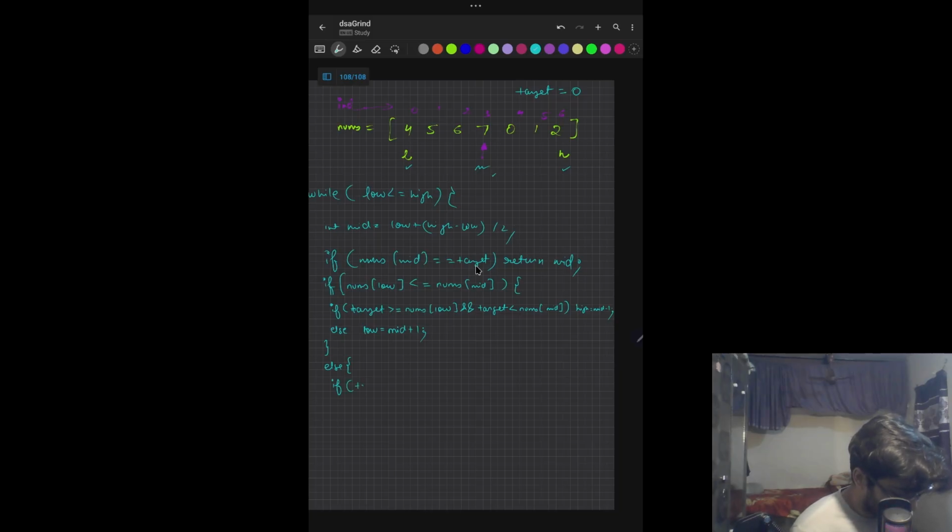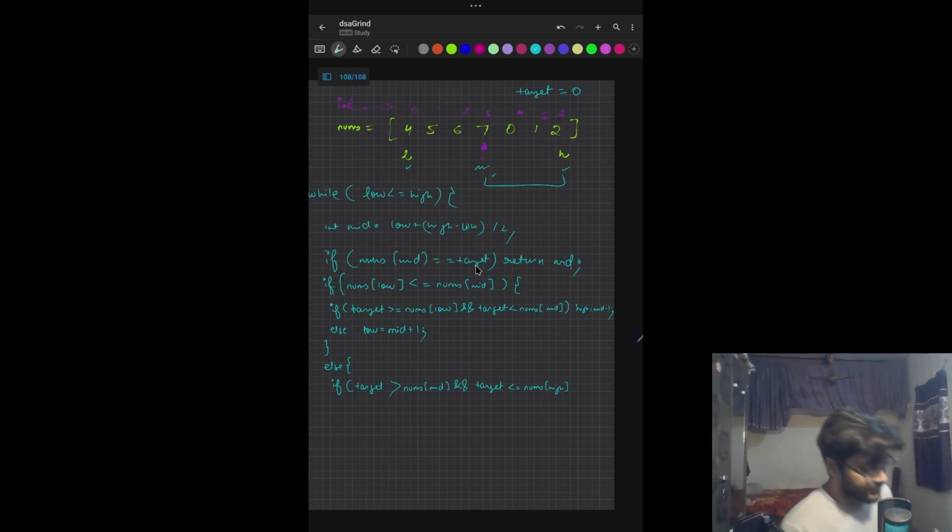The target has to be greater than or equal to nums mid, and the target has to be strictly greater than, and it has to be less than or equal to nums at the position high.